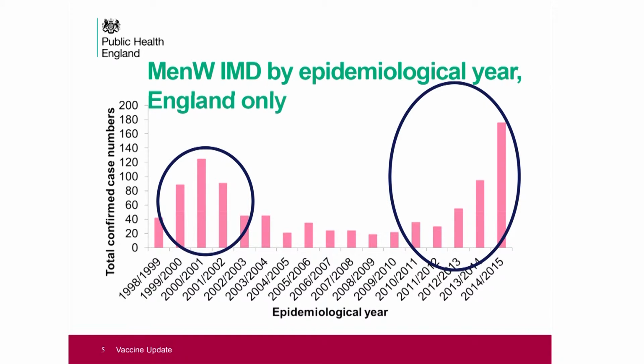So focusing on MenW disease specifically, the data that I show you will all be laboratory confirmed cases of meningococcal disease. That's what we base our surveillance on. And here what we can see is high levels of disease in the early 2000s.